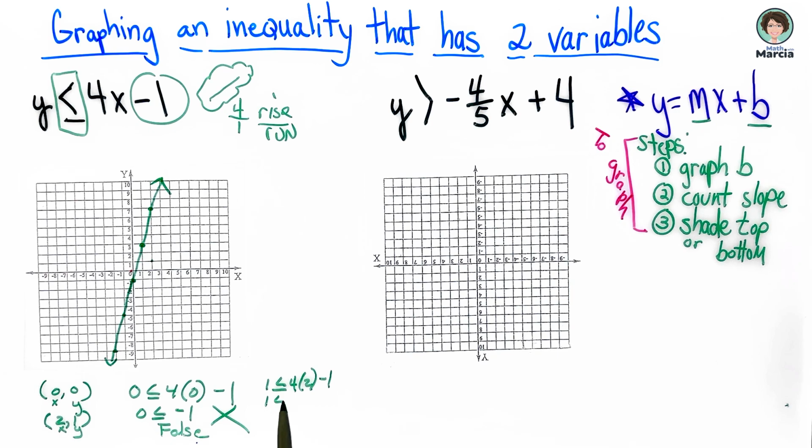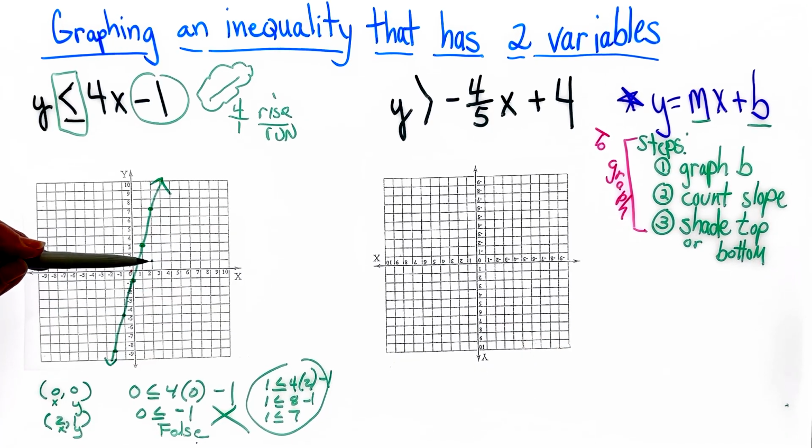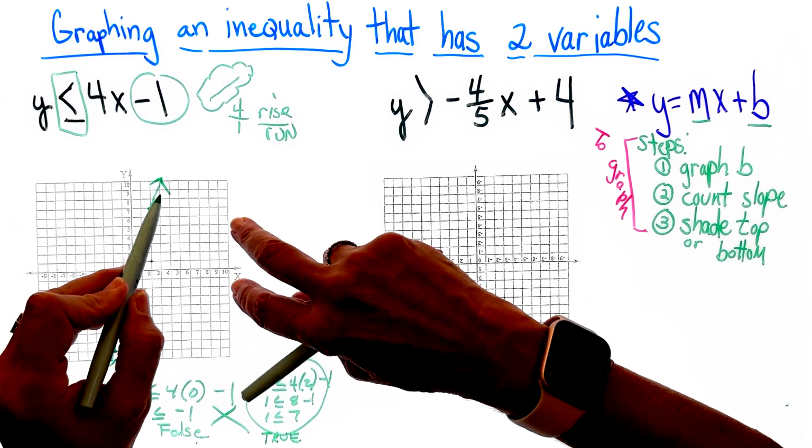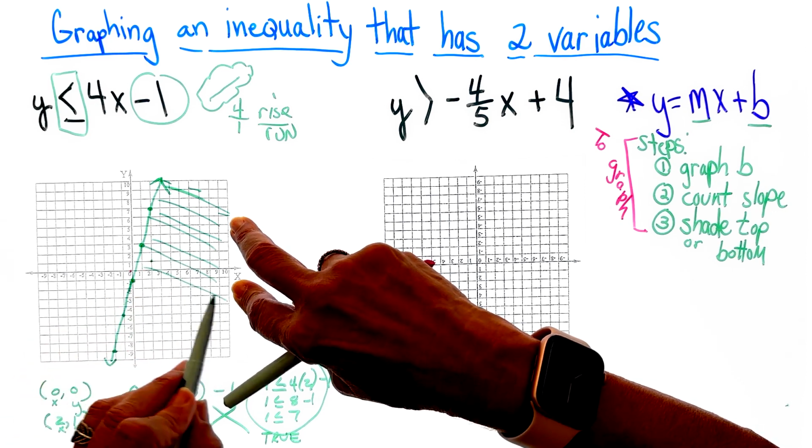So 1 is less than or equal to 8 minus 1. Well, 1 is less than or equal to 7. So since this is true, where this ordered pair is that we are checking on this graph, we got a true statement. That tells me I am going to go ahead and shade all of this area.